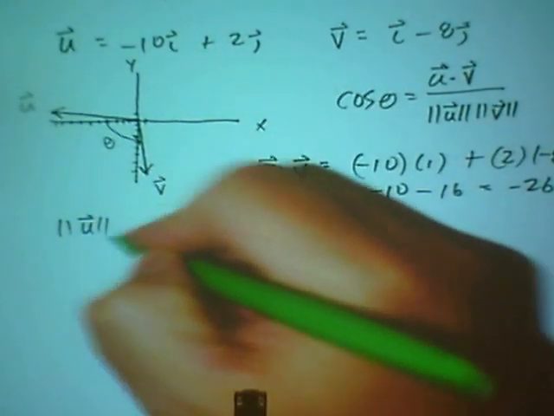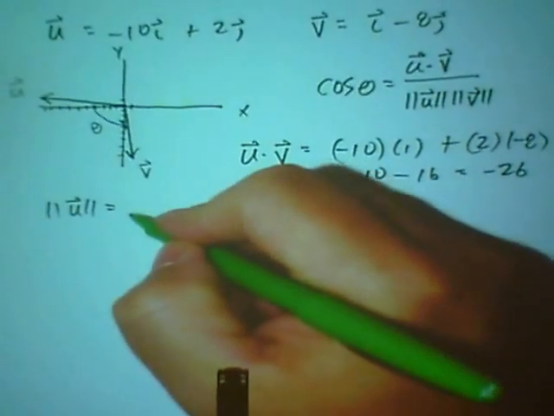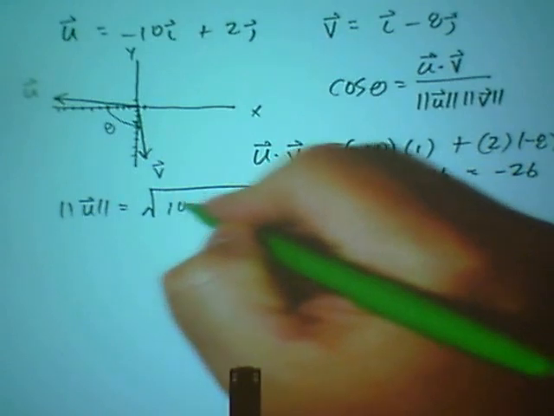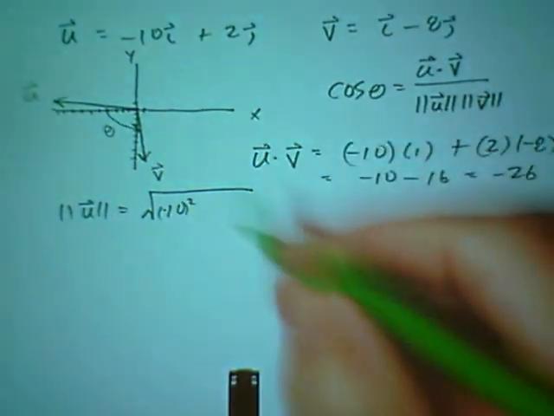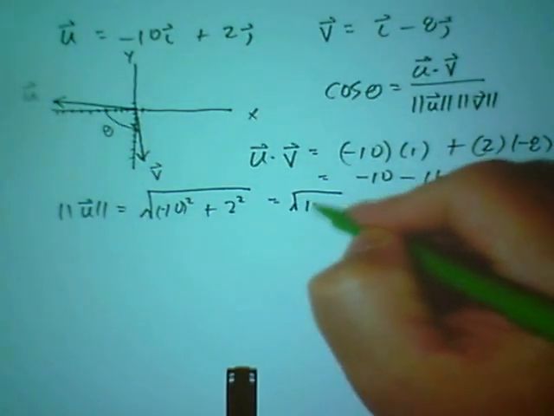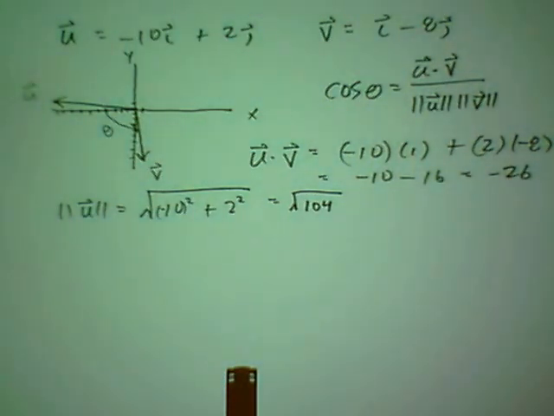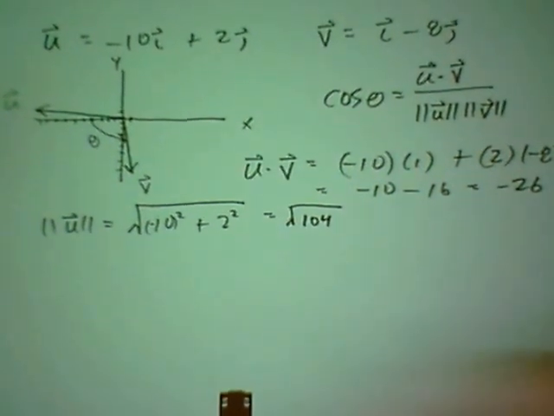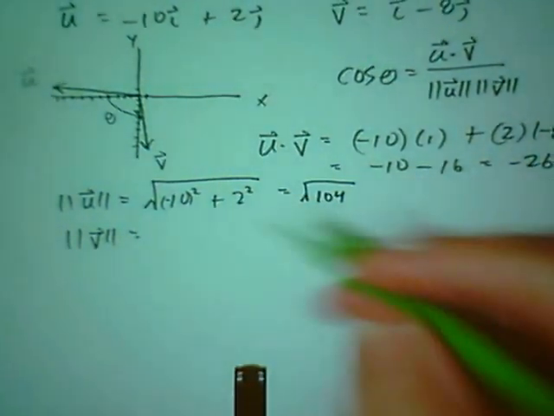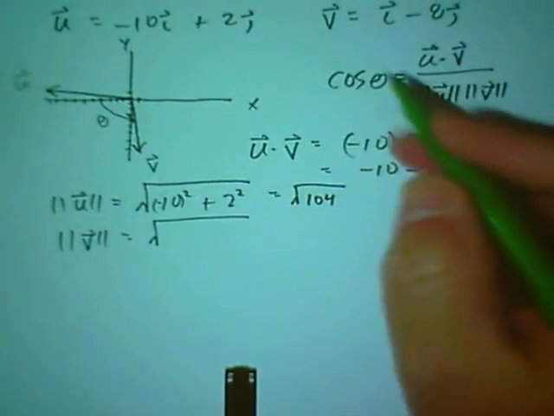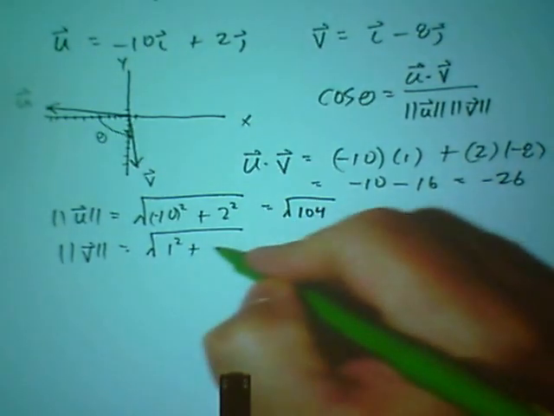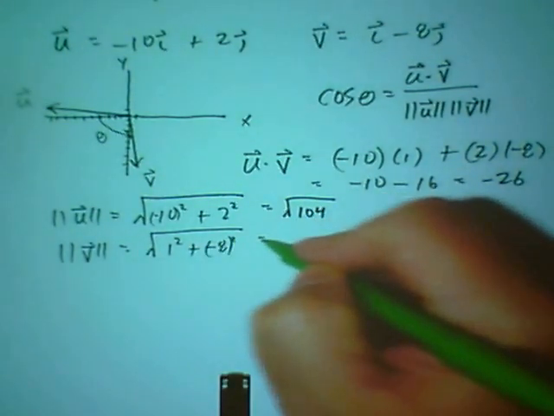The magnitude of u, we've gone over the formula for the magnitude. It's always the square root, and you square the x part and the y part. Looks like our magnitude of u is square root of 104. Magnitude of v, square the x part and you square the y part.